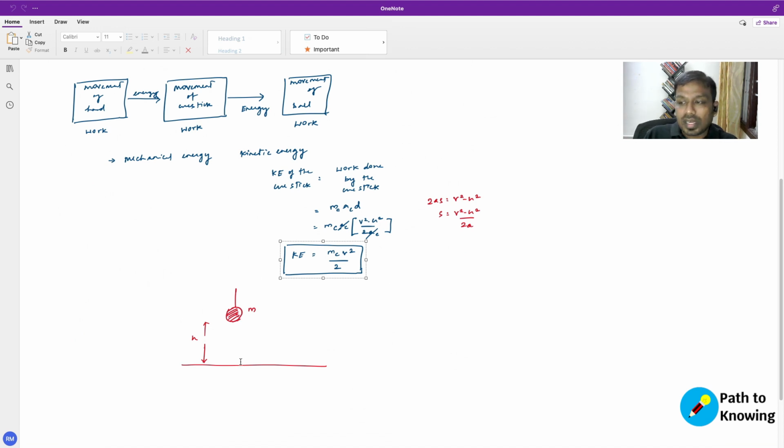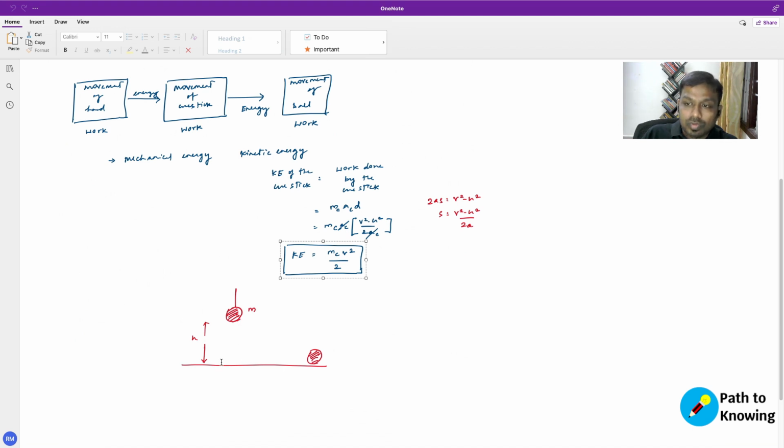If this iron ball was held somewhere here on the ground, there is no potential because it is already on the ground. Consider there is no gap here between the iron ball and the ground. It cannot go any further, right? But when you lift it up, it acquires a potential to do some work, right? Which means that you can use this height to break another object here, and do all sorts of things.